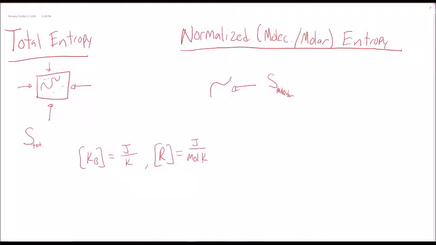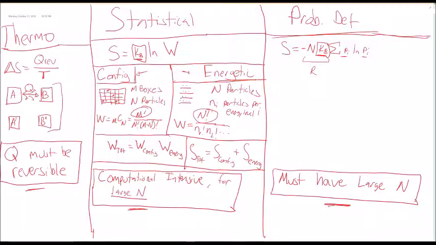If you look at where these equations came from, the statistical definition calculates some value W, some configuration, some multiplicity. And that multiplicity in both cases represents a large collection of particles. So this definition clearly is not a molecular or molar definition of entropy. It's a total definition of entropy. The probabilistic definition is similar.